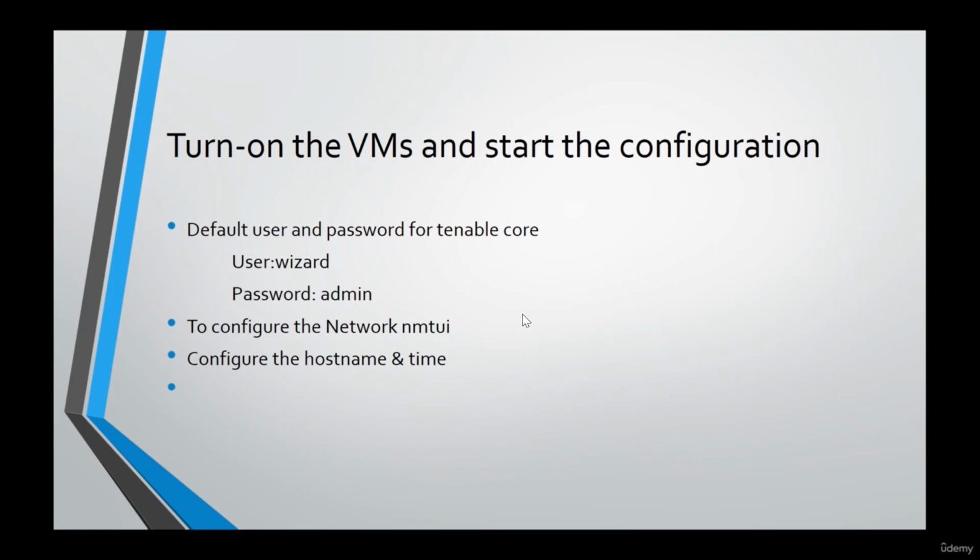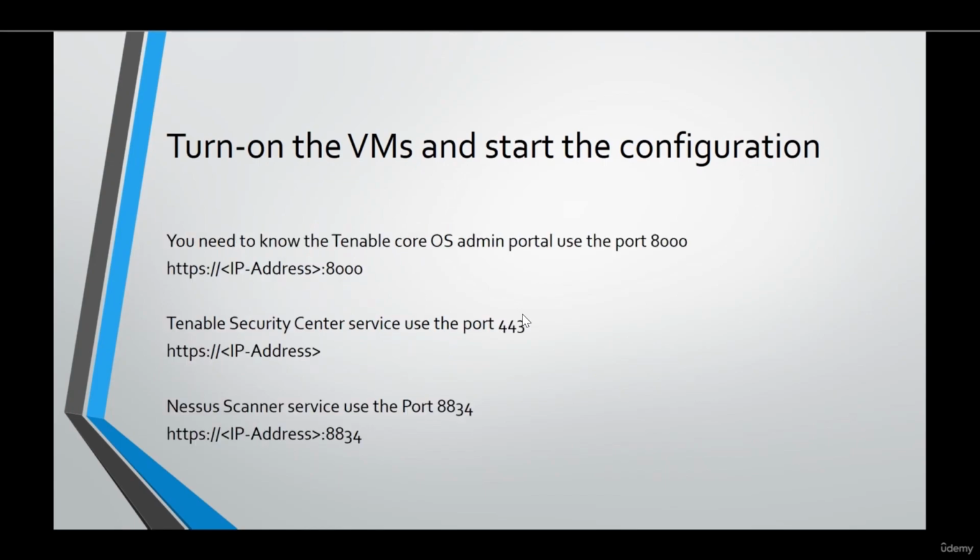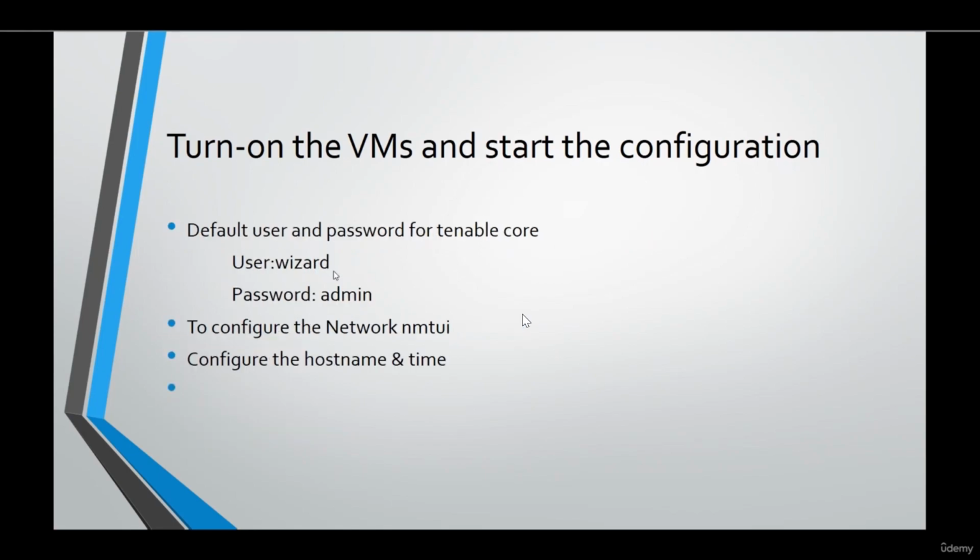Then configure the static IP address that you want. If you missed the wizard, you can use this command, nmtui, to configure the IP address. For the host name and time, it's not necessary to configure it from the CLI. We will configure it from, boom, the portal with the port 8000. Let's go.